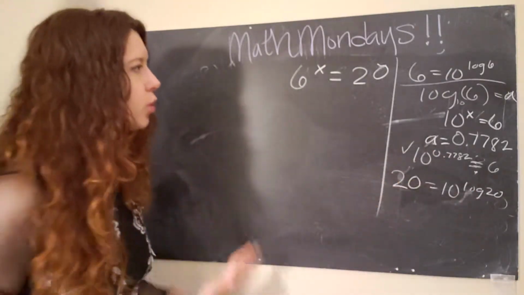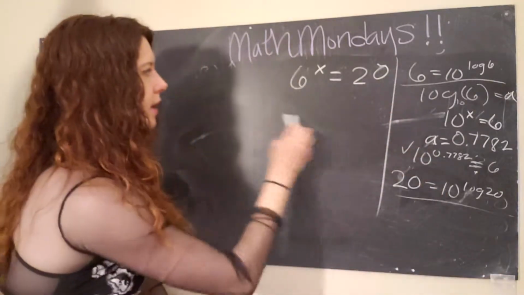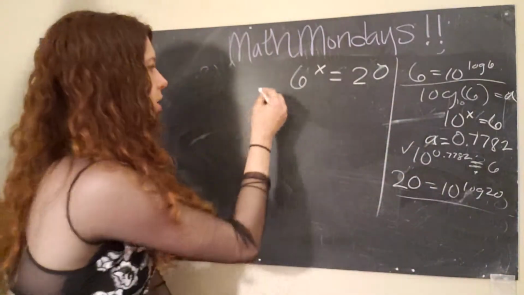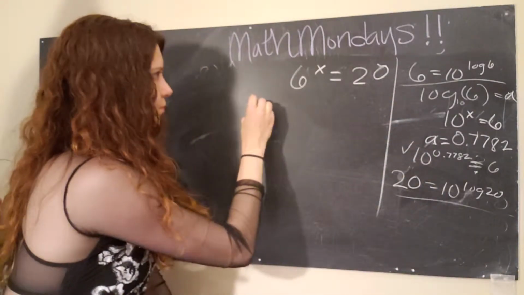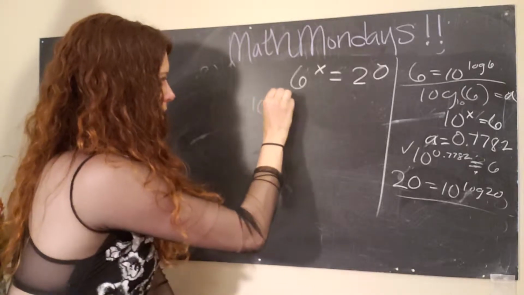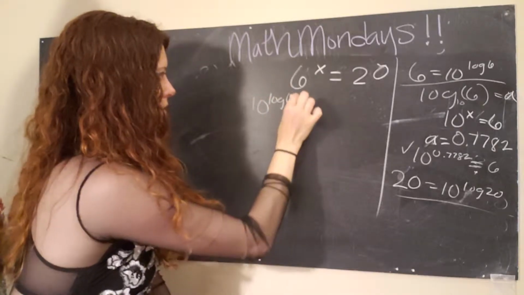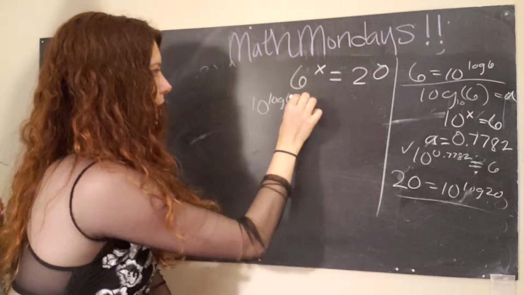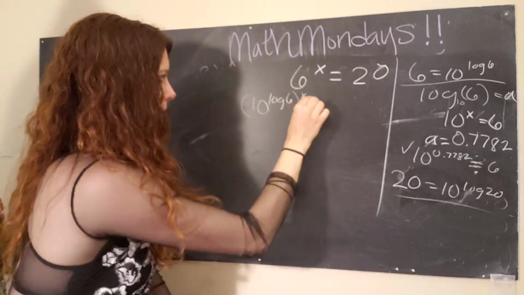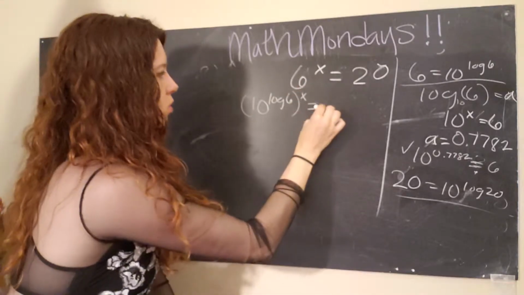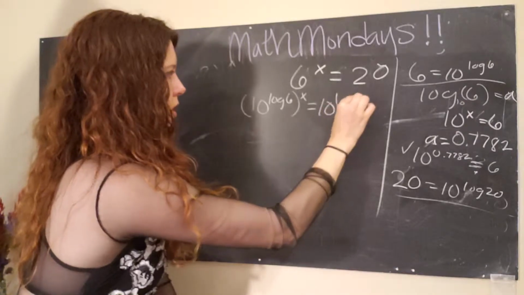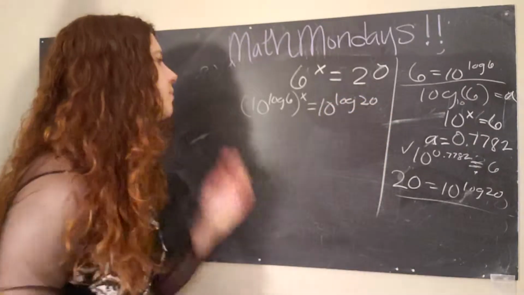And then what we can do is we take these two and use it to rewrite our equation. So we can say 10 to the log 6 as a replacement for 6, and then that's going to be multiplied by x, equals 10 to the log 20.